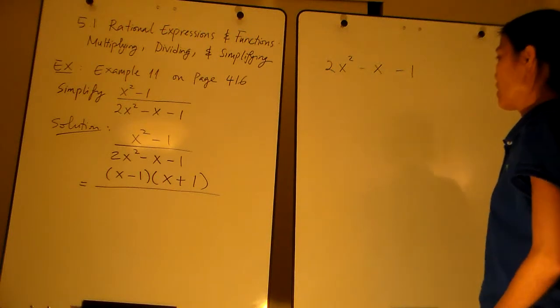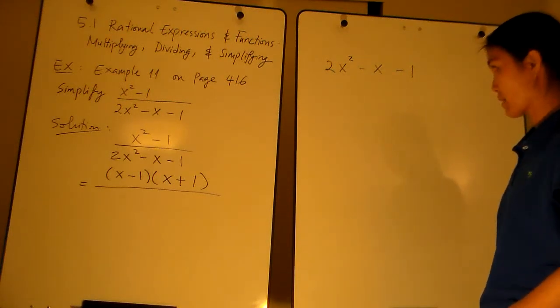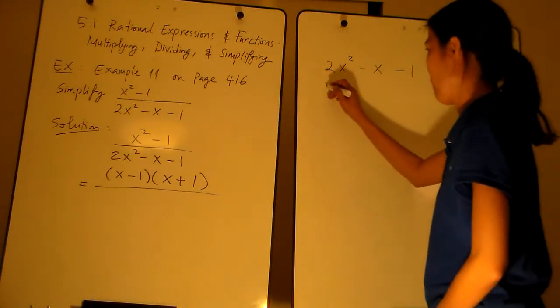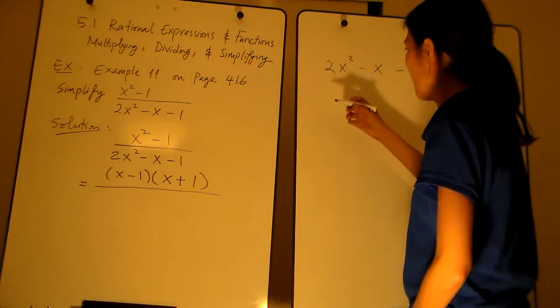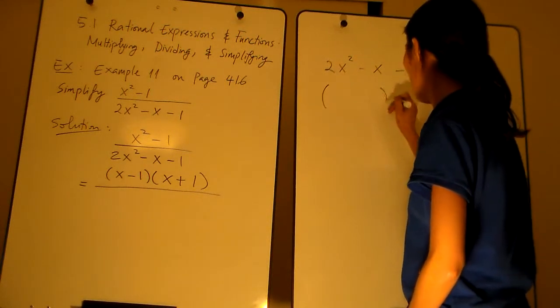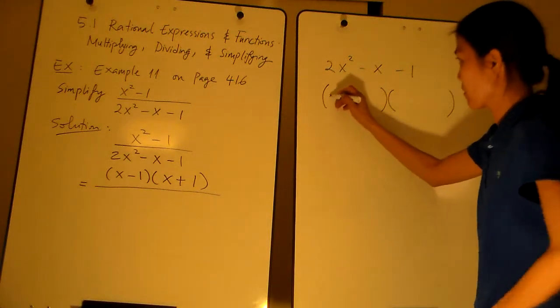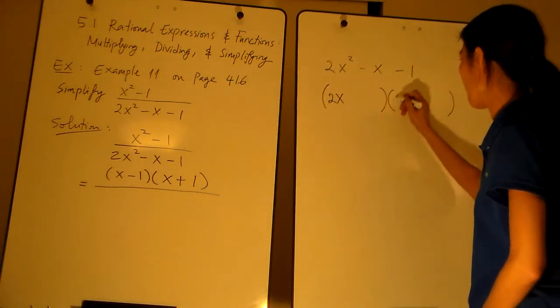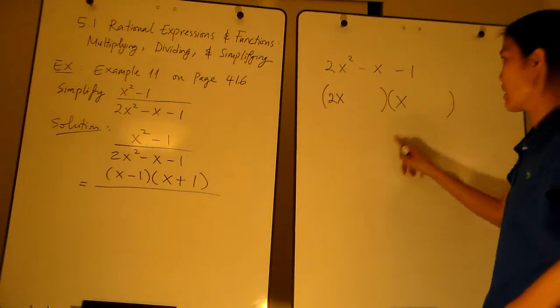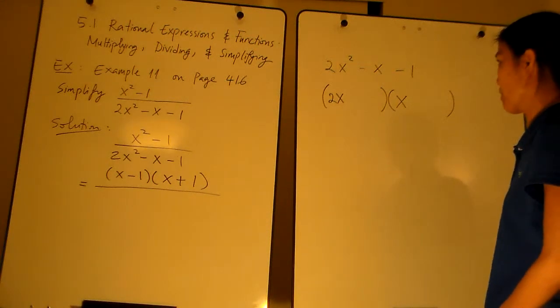Okay? Alright, so the way we factor is a little bit different. This 2x squared, we could factor as 2x and x: 2x times x is 2x squared.